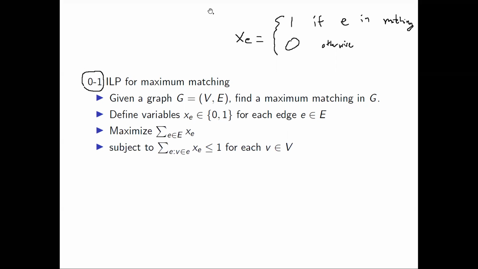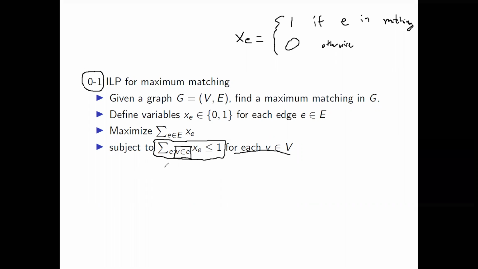So these restrictions, for each vertex in the vertex set of our graph, we have a single inequality, and we write it as a sum. So for that vertex, we take the sum of the xe's over all of the edges E that contain the vertex V. So we're including in this sum all of the edges that contain vertex V, and our requirement is that the sum of the xe's for these e's that contain V must be less than or equal to 1.